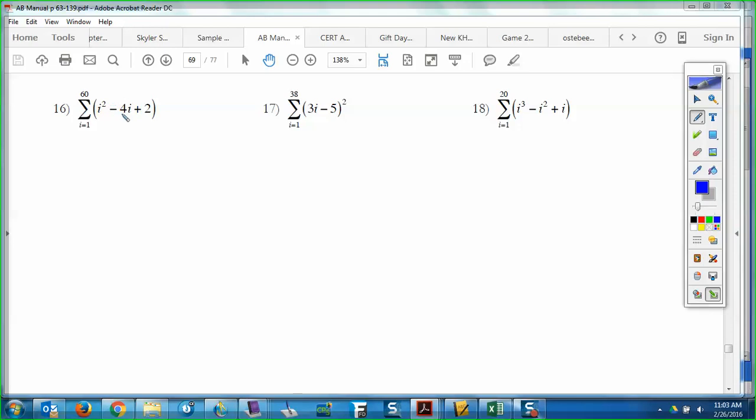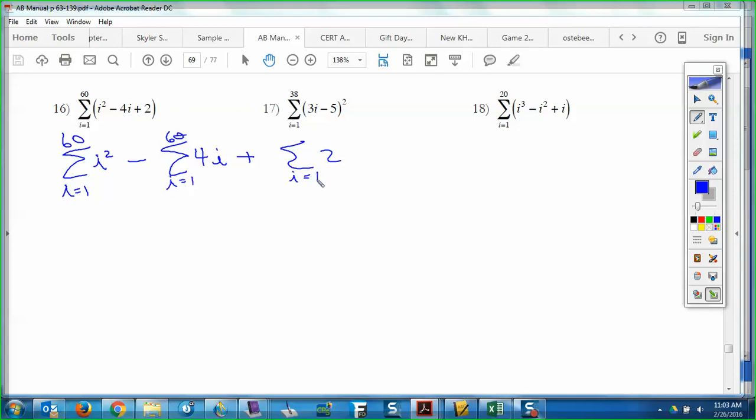One of the things we said we could do with a sigma, if you've got three things added together, is do what? Split it. So here's a sigma i squared minus a sigma 4i plus a sigma 2, and the i goes from 1 to 60 on all of them. Look at that middle one.